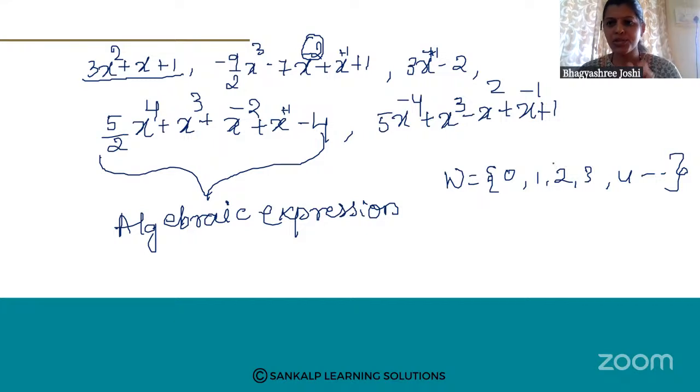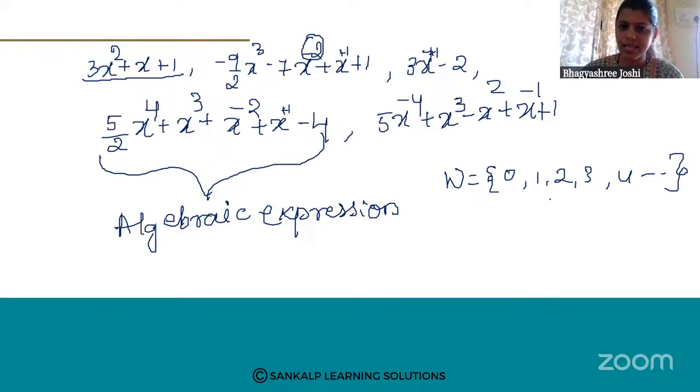That means if the expression has only positive exponents, or the variable power is a whole number, we call it a polynomial. So what do you mean by polynomial? If in an expression the variable power is a whole number, we call it a polynomial.